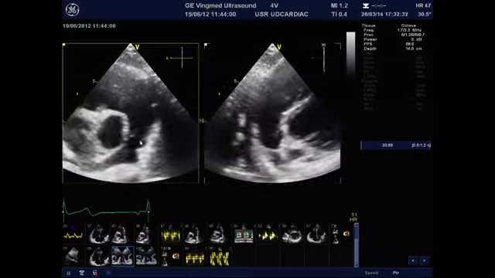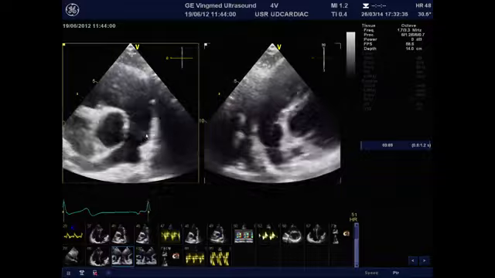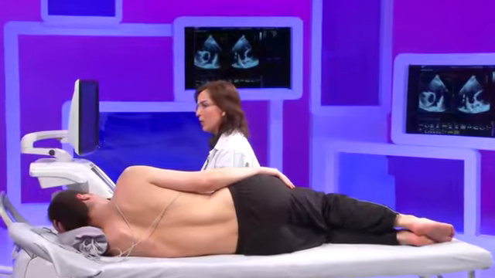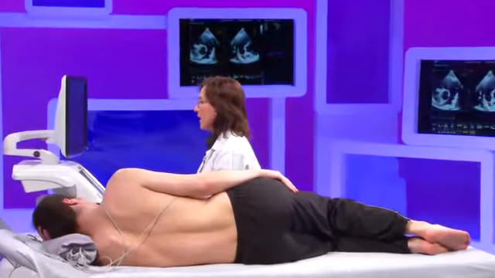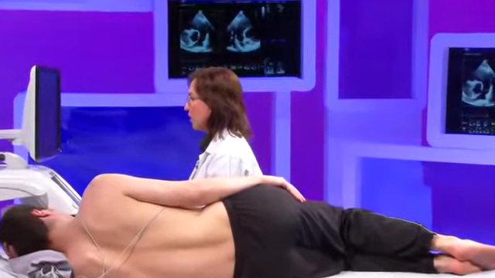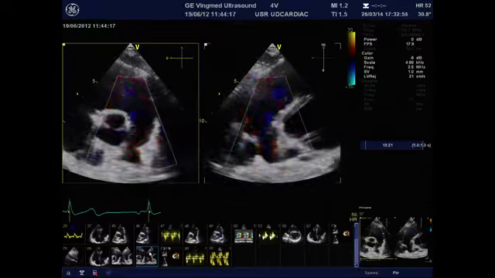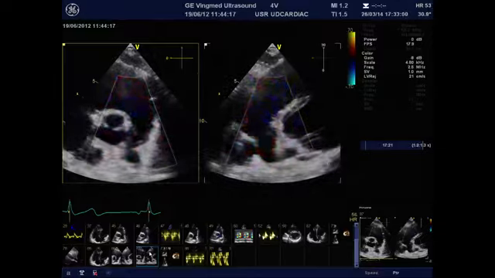So it's a primary pulmonary regurgitation, not related to the dilation of the trunk of the pulmonary artery or to the increase of pulmonary pressure, but clearly related to an abnormal morphology of the valve itself. In biplane imaging, if you want, you can also add color Doppler imaging to have a larger, more comprehensive visualization of the regurgitant flow.